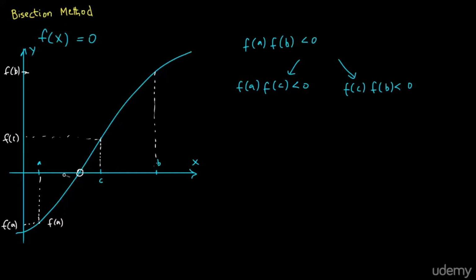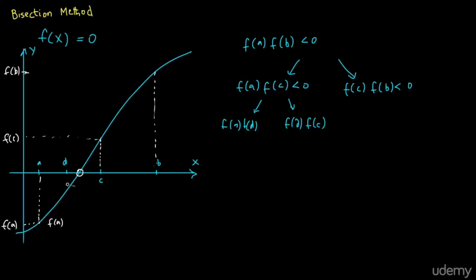So once again we subdivide this range from a to c in half, and let's call this point D, we once again perform the same consideration. So we look at f of A, f of D, and we look at f of D, f of C. And we say, well, which one of these is negative? So this time round, we can see that f of D, f of C is negative.